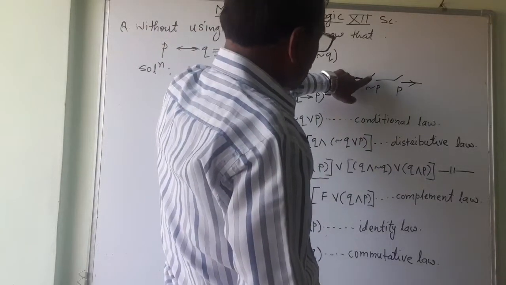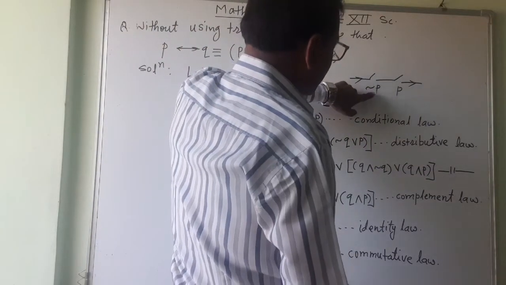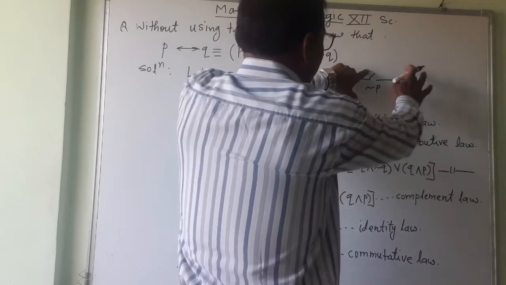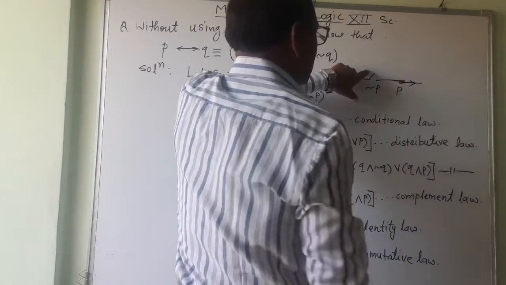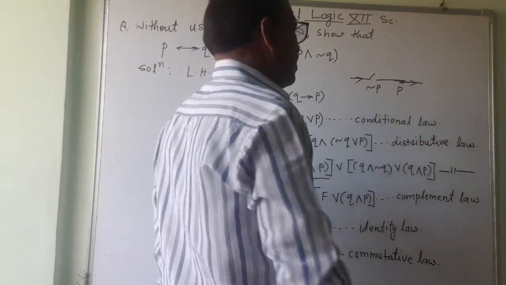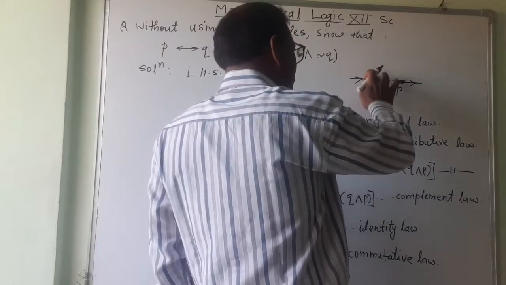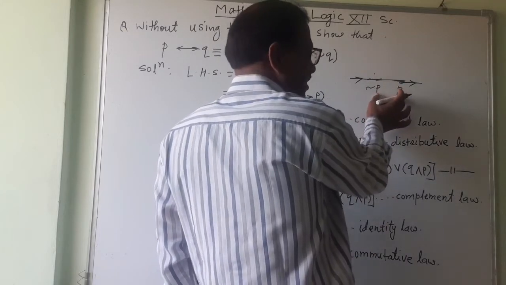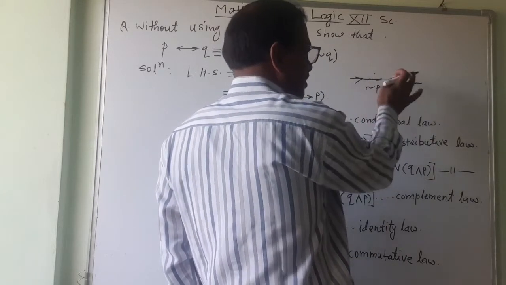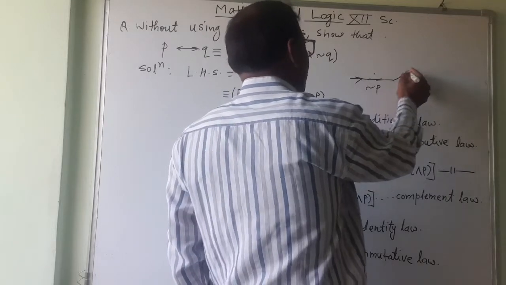Now if this is off, this is negation, so when this is off, that time this will be on. But the current will not go. Now the condition will be when this is on. Because these are the two terminals of the set, they are opposite terminals, so this will become off.